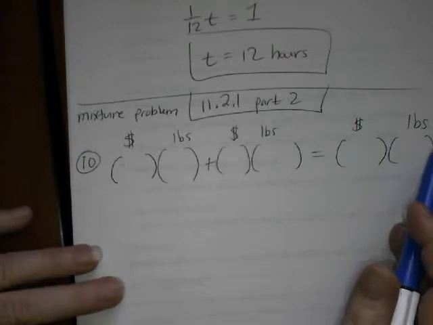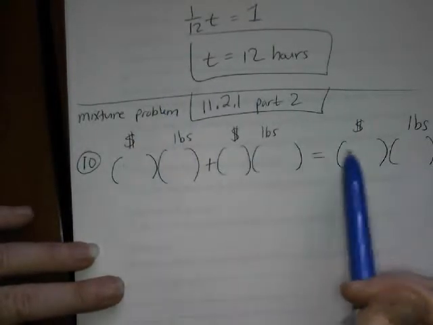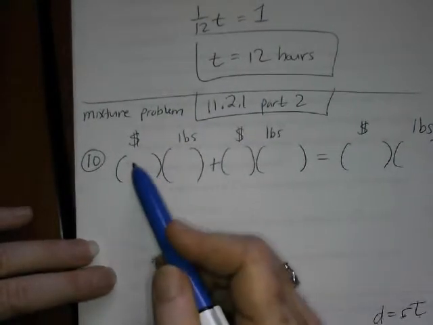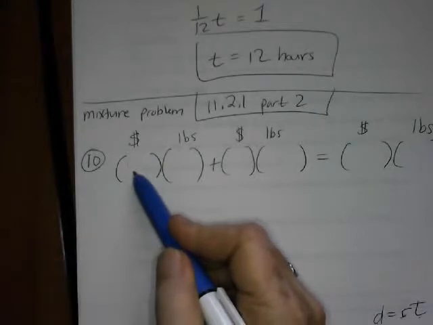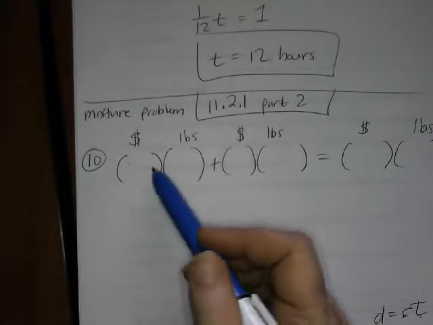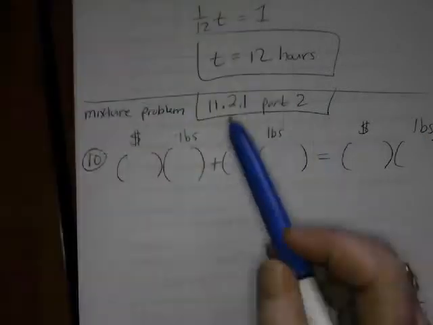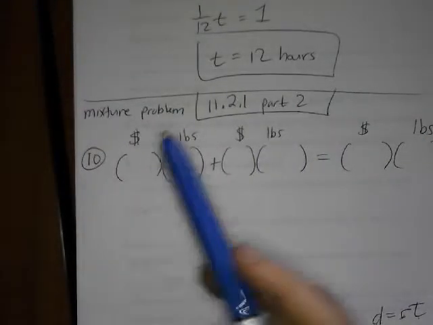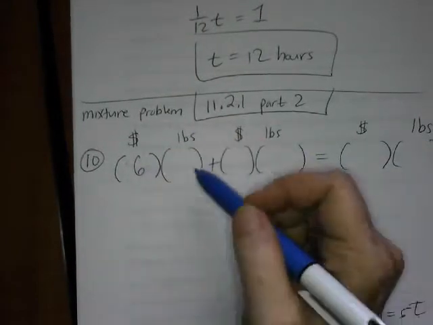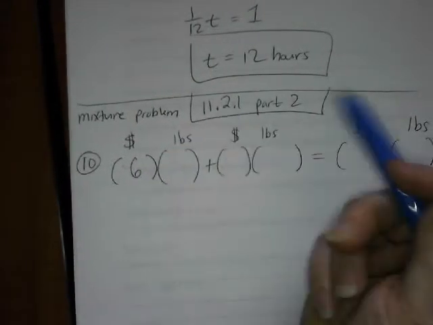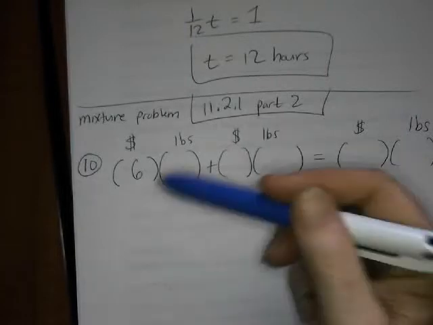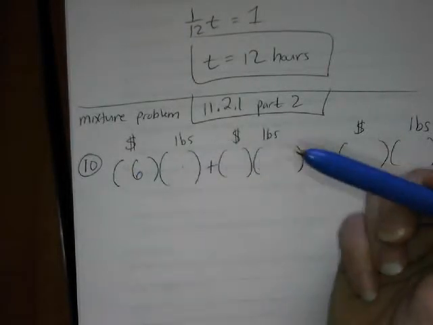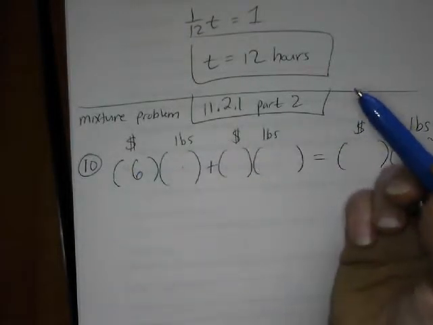So the way that we're going to do this problem is, remember we're mixing two different kinds of coffee. The first type of coffee is $6 a pound, times however many pounds of that there is.